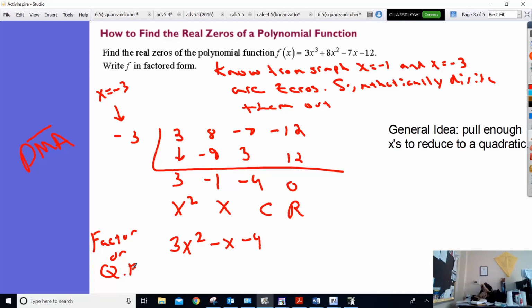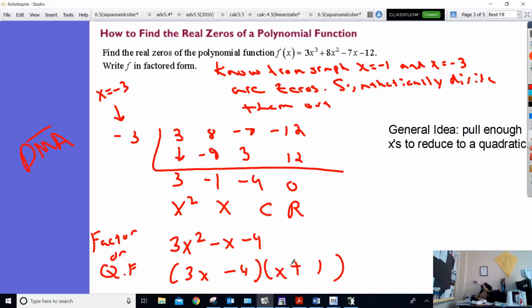What's it take to create your 3x squared? It's a 3x and x. The factors of 4 are probably 1 and 4. Maybe. I think we need a 1 there and a 4 there. Minus, plus. That was simple enough.